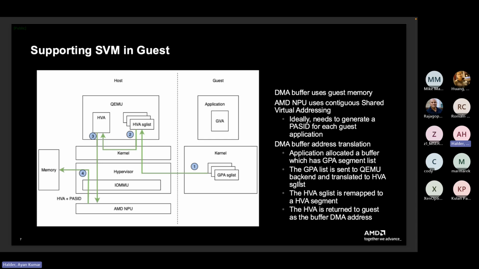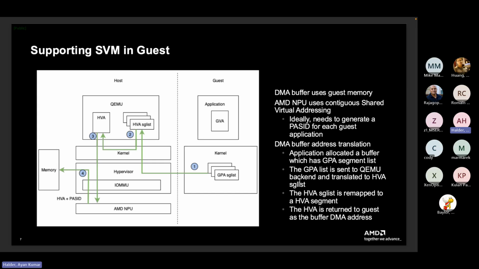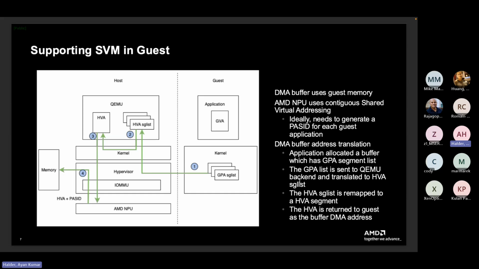Then the hardware can use this host virtual address plus a PASID to access the memory. The PASID will be bound to the QEMU process on the host side. So that's what I mean: it doesn't support per-process isolation at this time.